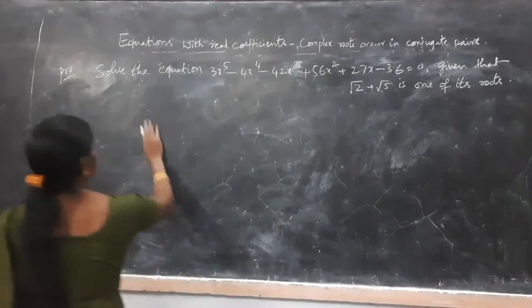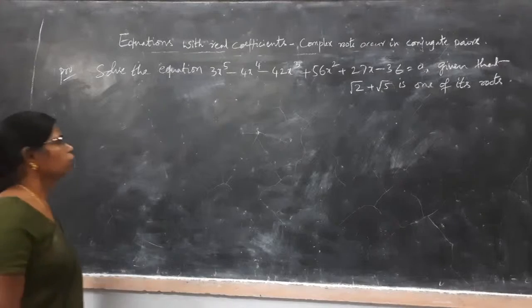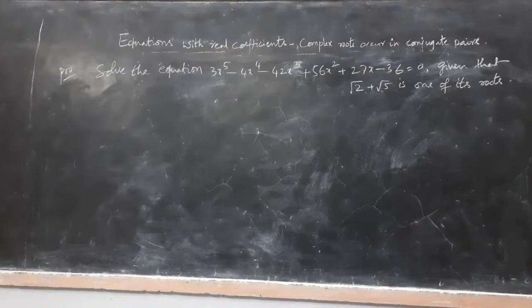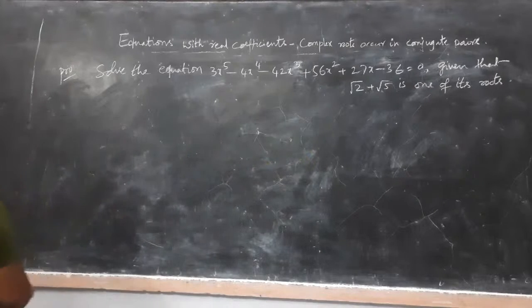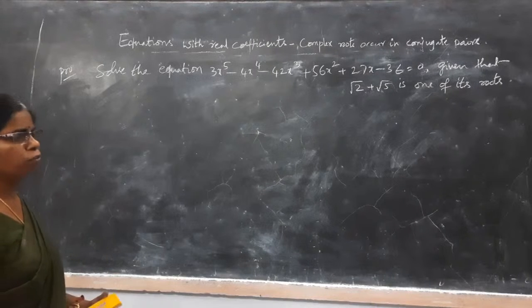See the problem. Solve the equation, a fifth-degree equation, given that root 2 plus root 5 is one of its roots. So this is a typical one. Given that root 2 plus root 5 is one of its roots.